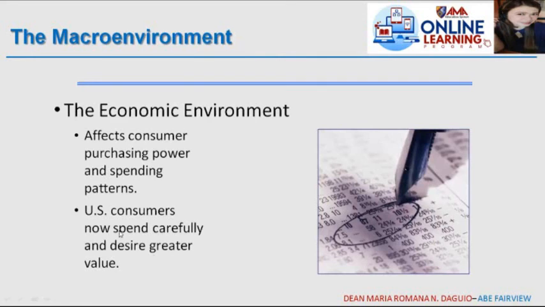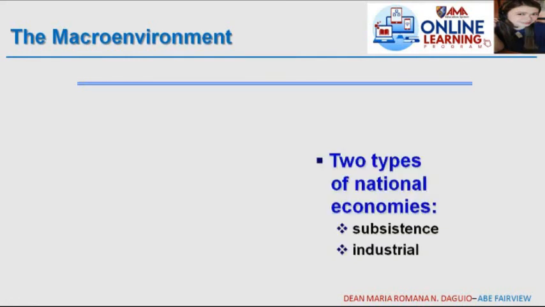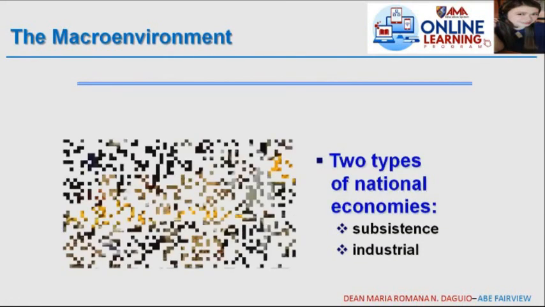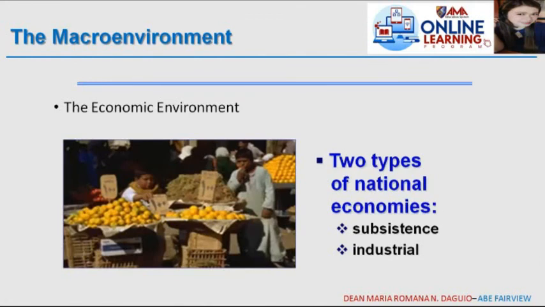So just like Filipino consumers din, class, nagiging practical, no? Gusto natin quality pero sana mas mababa ang presyo, no? So those are some of the trends, class, no, in terms of economic environment. So there are two types of national economies, class.